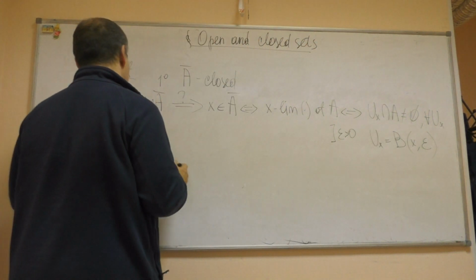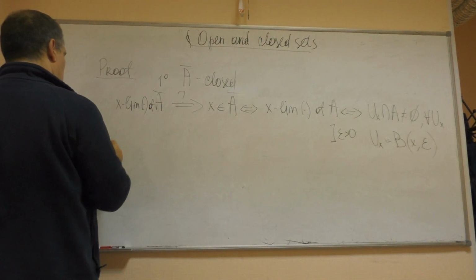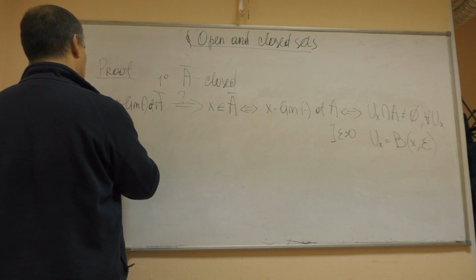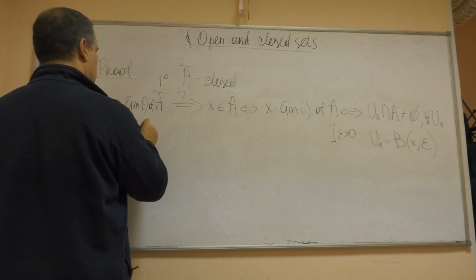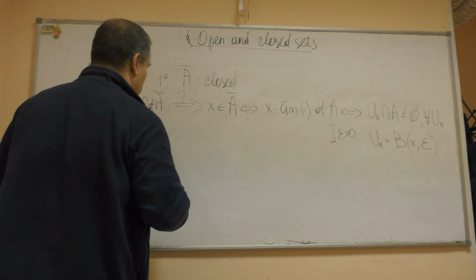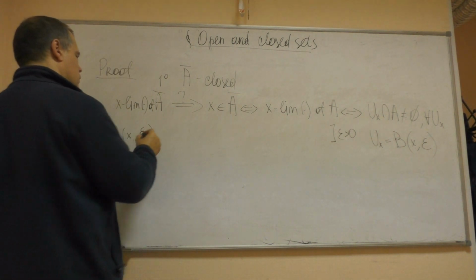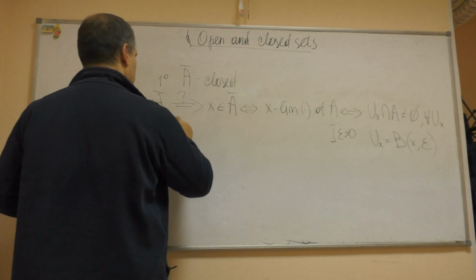We want to show that this ball will have a non-empty intersection with A. Let's consider the open ball with radius half epsilon, and denote it with a wave.